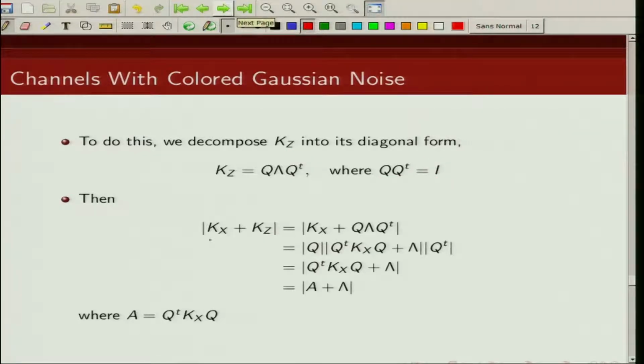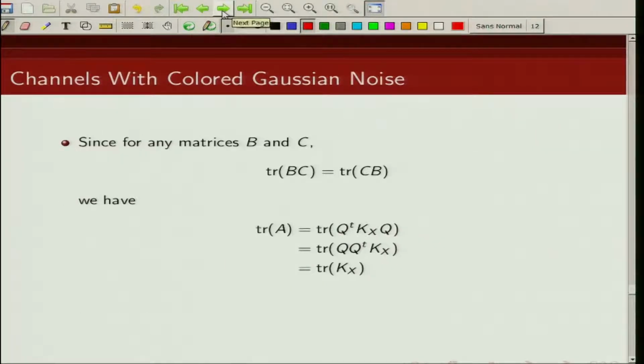So if we do that, and after simple matrix manipulation, we can show that the determinant of Kz plus Kx can be written as determinant of matrix A plus some diagonal matrix lambda, where this matrix A is given by Q transpose, covariance matrix of the input, times Q. Now we are going to make use of a property of matrices which says if we have any matrices B and C, trace of BC is same as trace of CB.